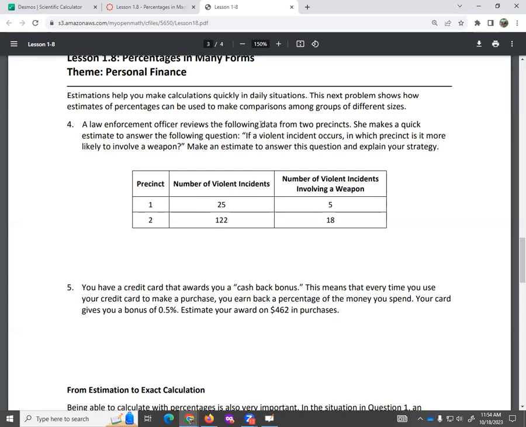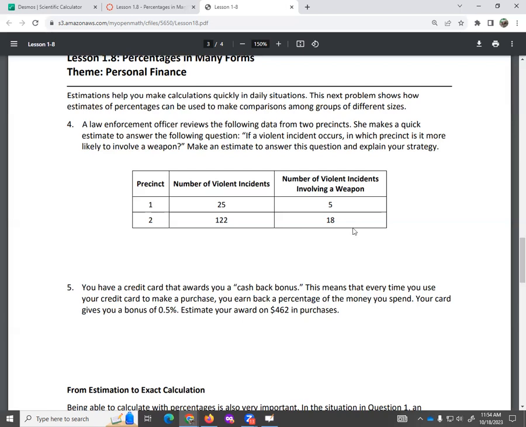And we want to make a quick estimate of in which precinct the violent incident is more likely to involve a weapon. So to answer that question, we need to think weapons divided by incidents for each of these precincts.